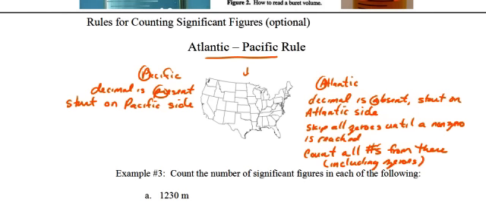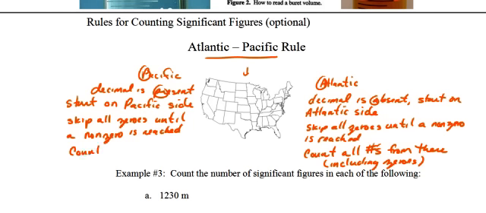And the same is true for the Pacific rule. Once you're starting on the Pacific side, you skip all zeros until a non-zero is reached.